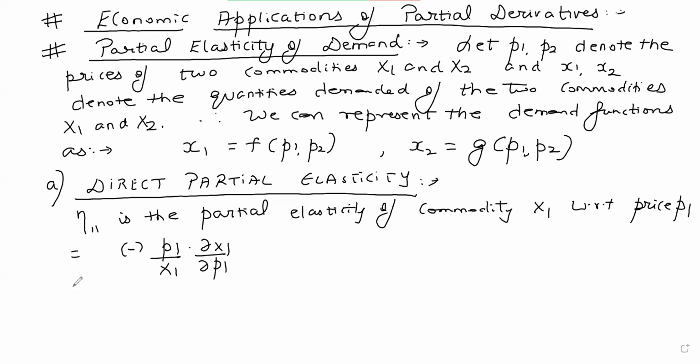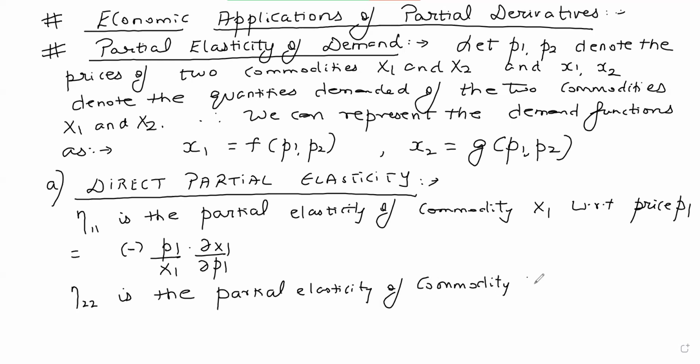And similarly, eta 22 is the partial elasticity of commodity X2 with respect to its own price P2, which I can write as minus P2 by X2 times del X2 by del P2.